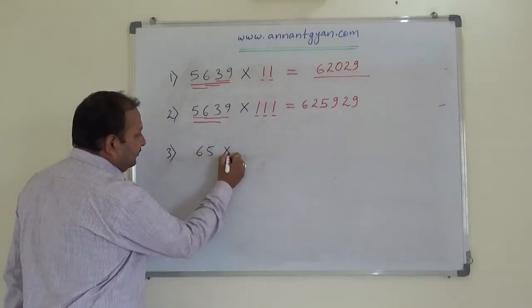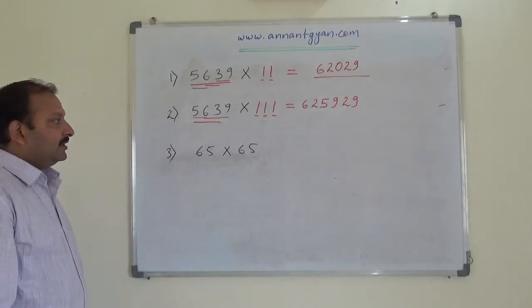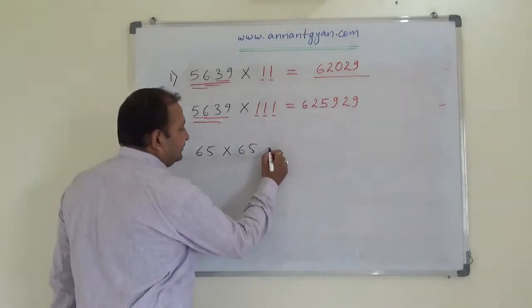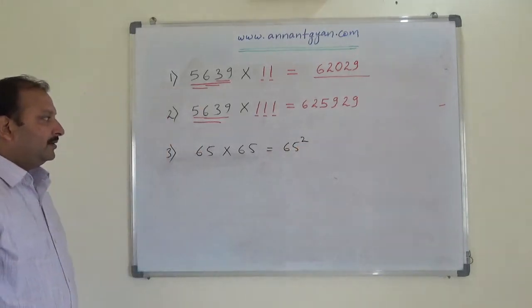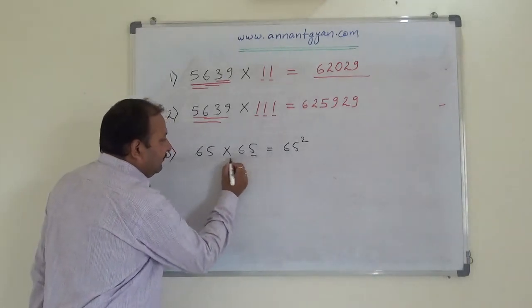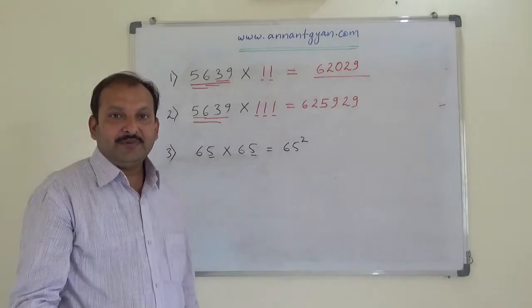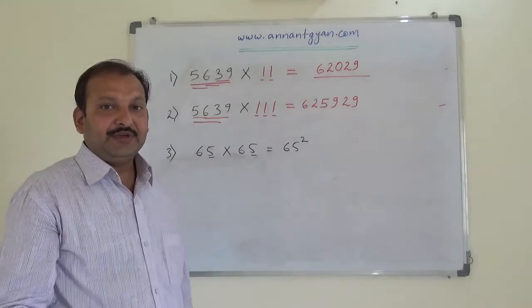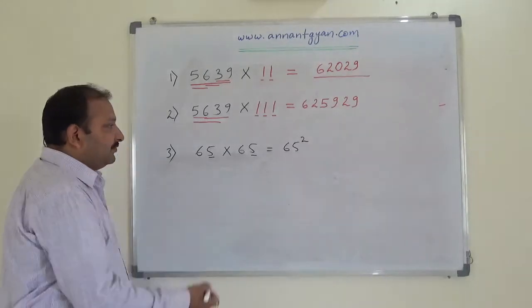5 into 65. So what we are observing, this is 65 square. If the number ends with 5 and has the same 10th place or 100th place, then what shall we do to get the answer? It is very simple.